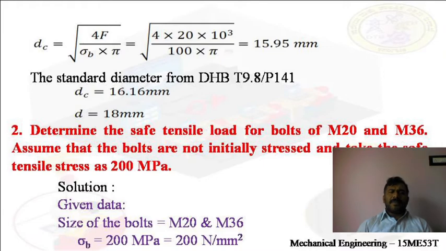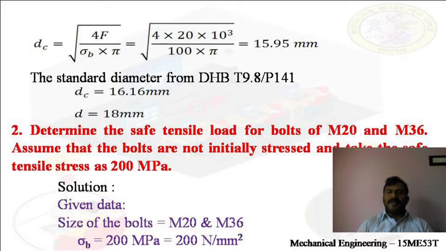Next, I will move on to the second problem. Determine the safe tensile load for bolts of M20 and M36. Assume that the bolts are not initially stressed and take the safe tensile stress as 200 MPa, that is megapascal.